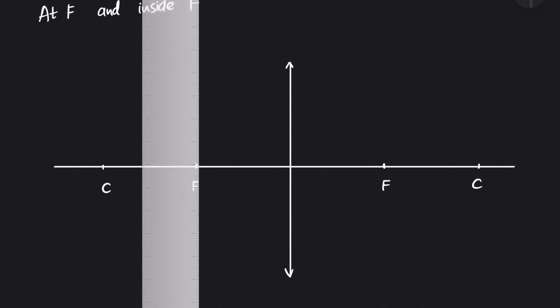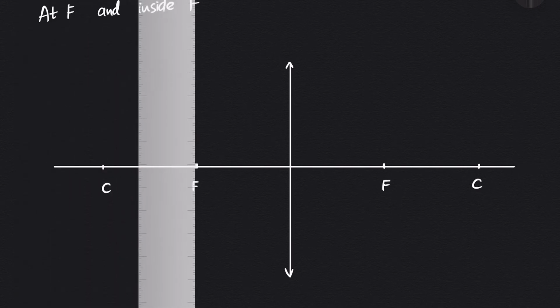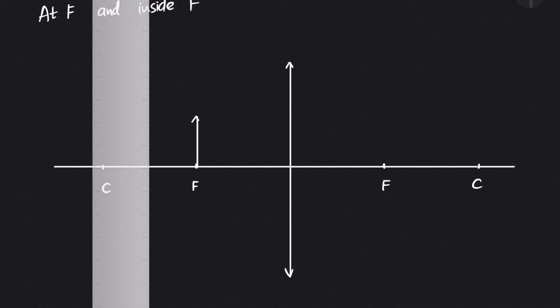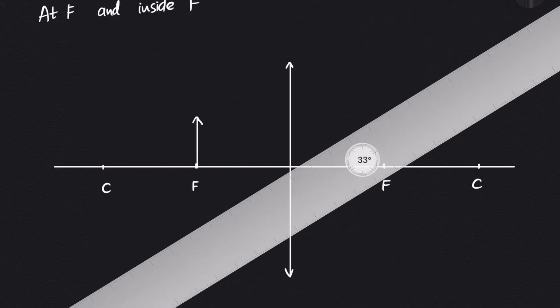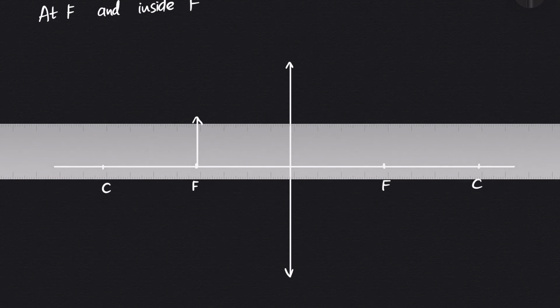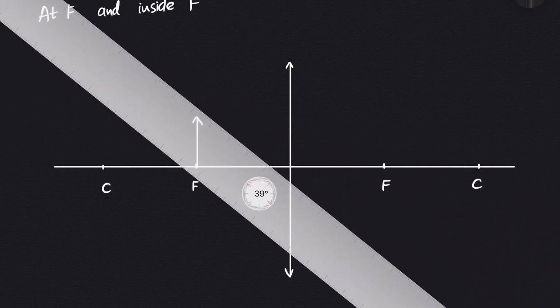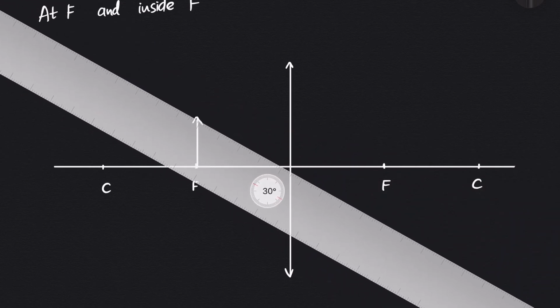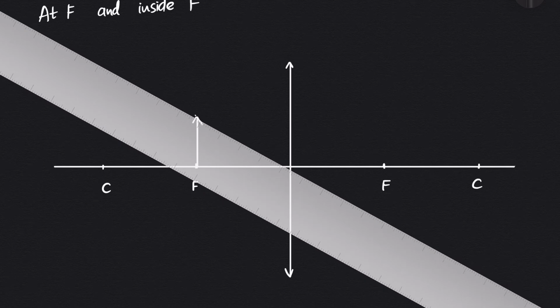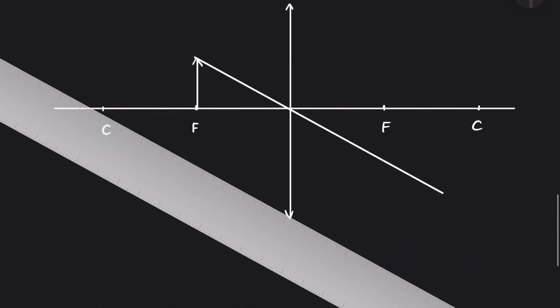Now we want to draw at the focal point. Let's say at the focal point exactly, we have an object that is about 2 centimeters high. What we want to do now is again use the same 3 rules. First thing is pass a line straight through the center from the object. This is the first ray.